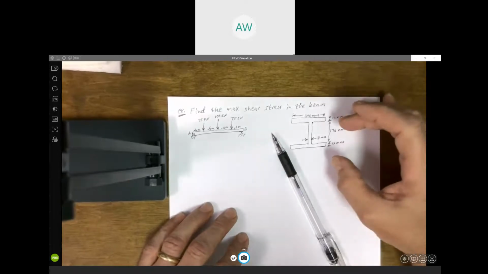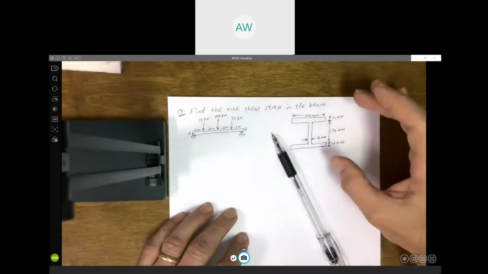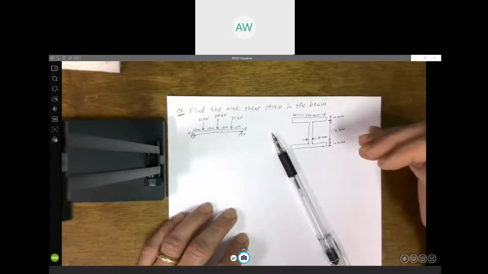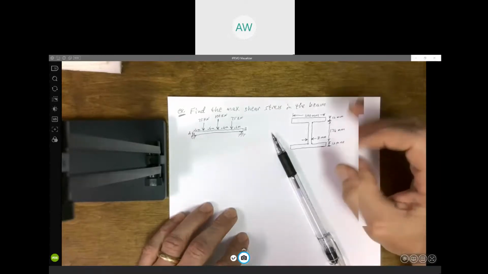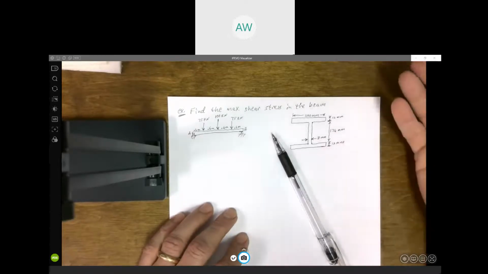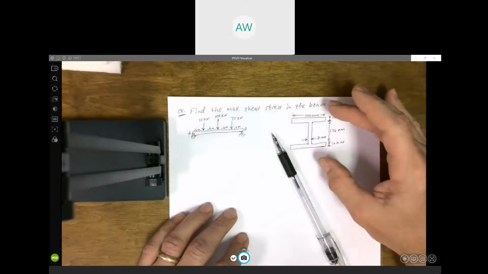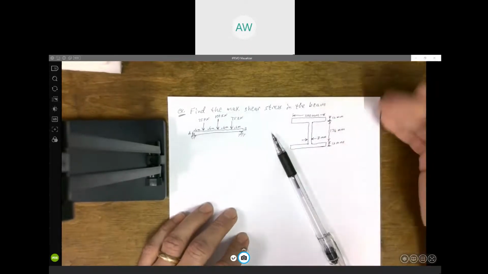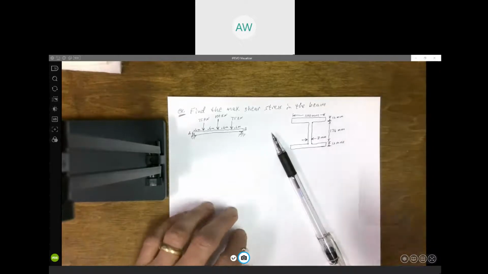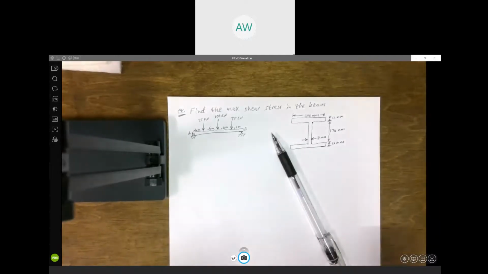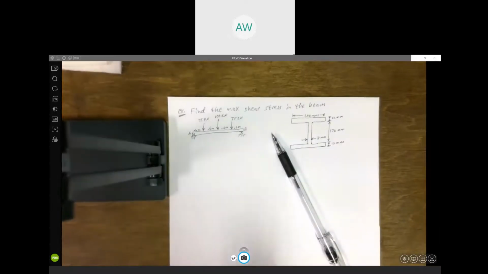I very much depends on how far the area is away from the neutral axis. So by taking this steel or whatever material and moving it away from the center, you're increasing your moment of inertia. For the same amount of material, which basically means for the same cost, you get a stronger beam. So that's why I-beams are shaped like that.